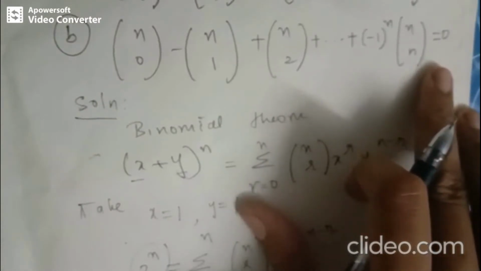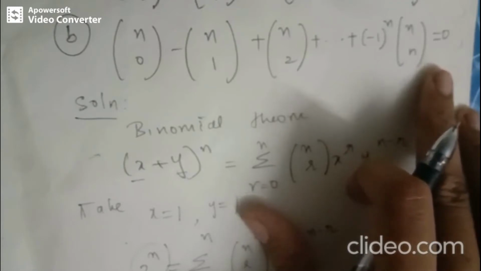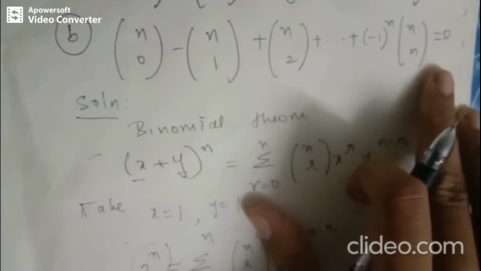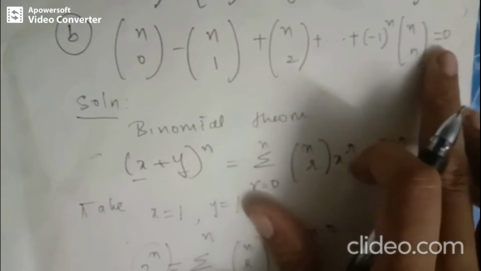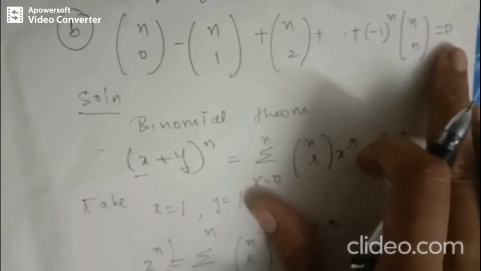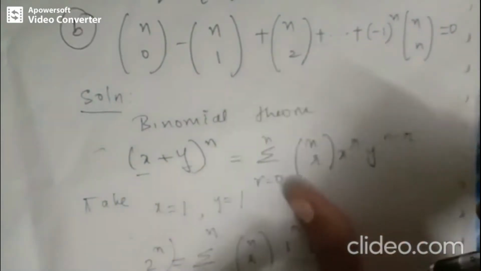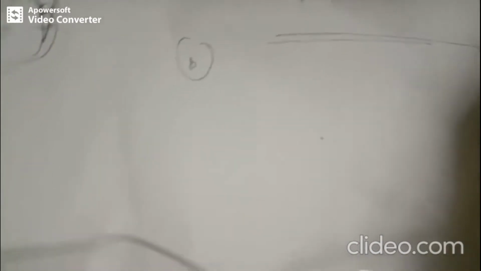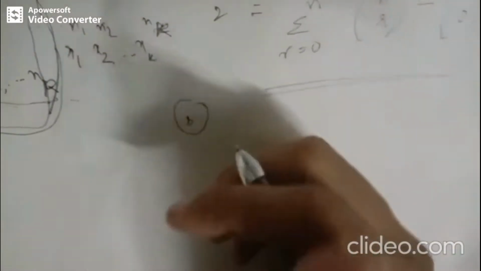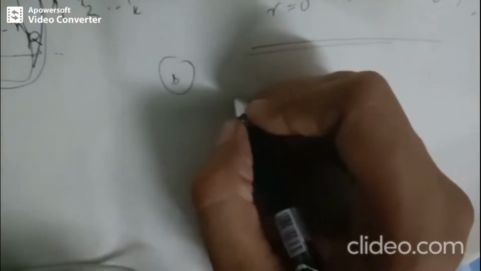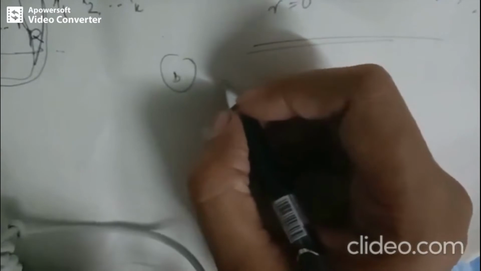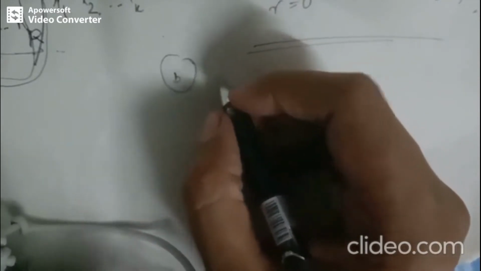Like that, if I take x is 1, y has to be minus 1, or vice versa, in order to have the result as 0 raised to n, which is 0. Then you can get this particular portion. If these were separate questions, we would need to write the formula again, but I am directly continuing with the value substitution because it is in the same sub question.